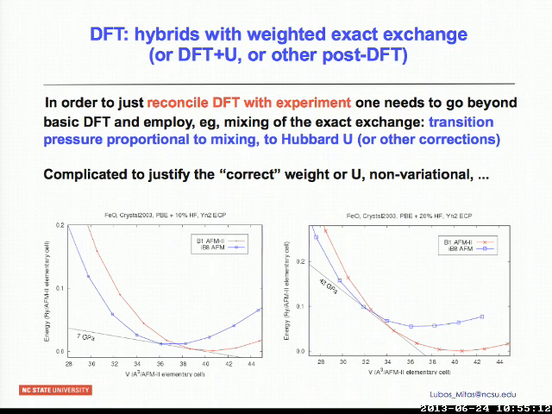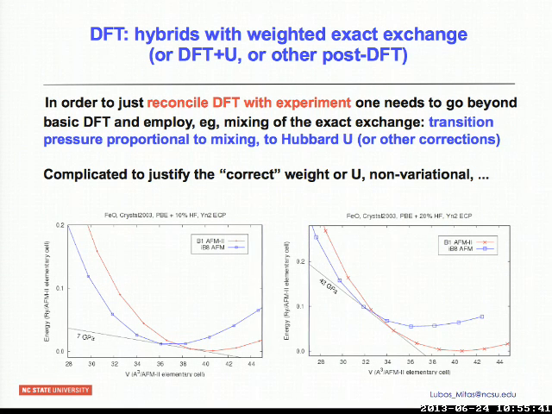So if I put here 10% of the Hartree-Fock into DFT, I get a 7 GPa transition, and now it is correct because the slope is positive in this sense, and I see B1 as the lower one. If I put 20% of the Hartree-Fock into the density functional, I get 43 GPa, and I'm still not where I need to be if I say the experiment is my validation.